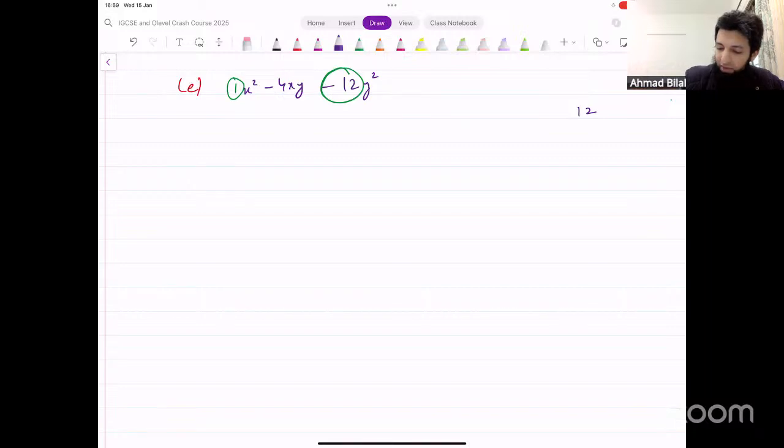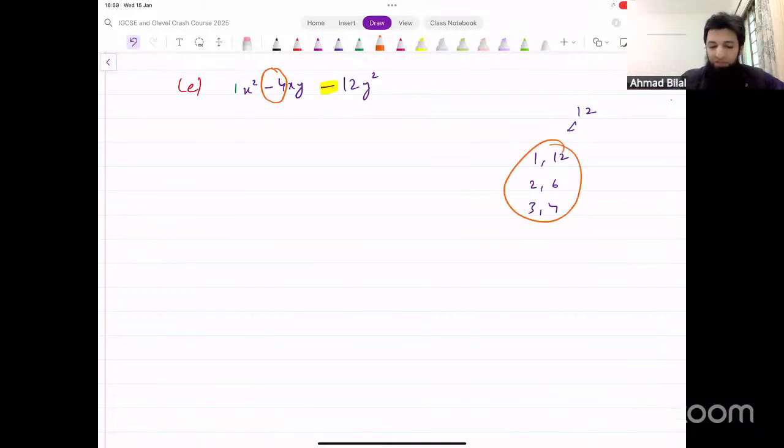How can you get 12? 12 you can get by using, again, the same numbers, 1, 12, 2, 6, 3, 4. This is negative. So you want two numbers that when they are subtracted, they give us negative 4. Now, do any of these numbers when subtracted give us negative 4? 2 and 6, right? We can use that.